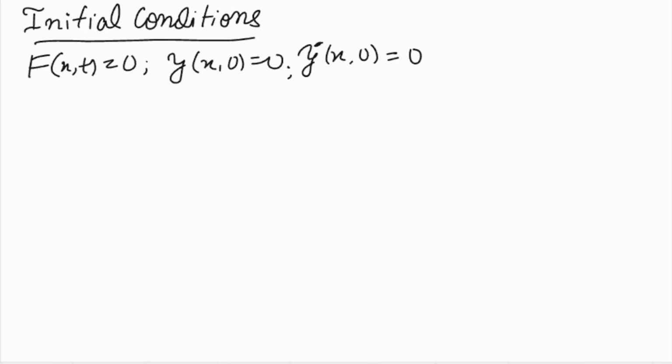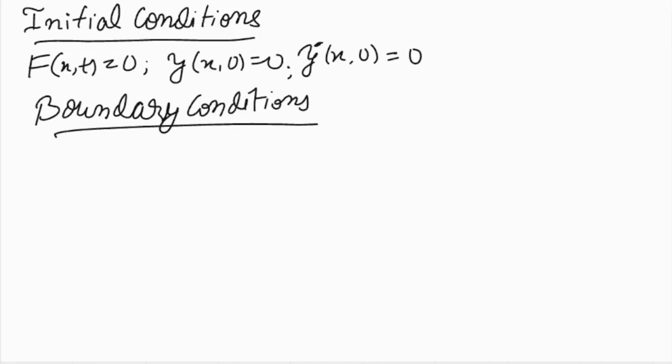Okay, now if this is the case, then what is the boundary condition? Let's define the boundary conditions. There are two things that we must follow. One is the oscillatory displacement function, y of x comma t, must be equal to some function f of t, that is the displacement function.